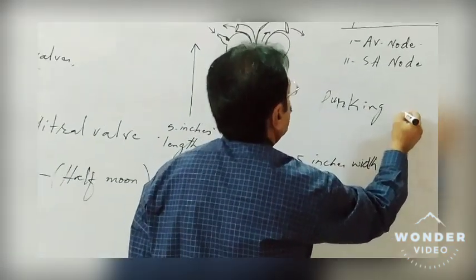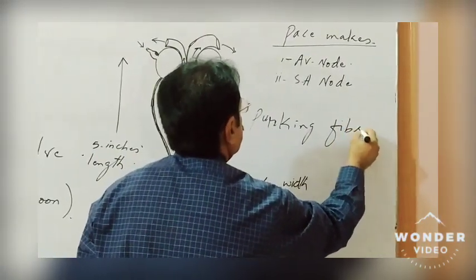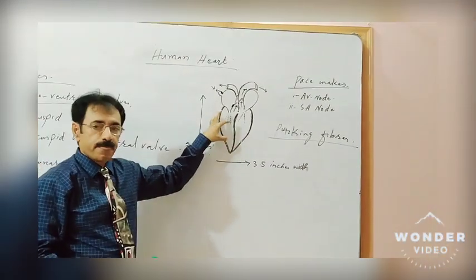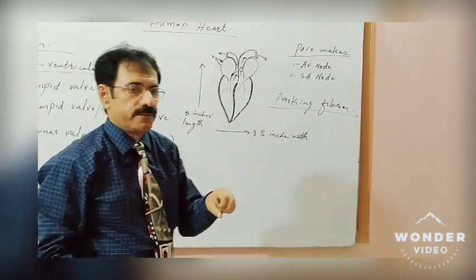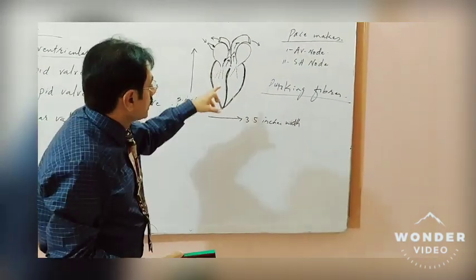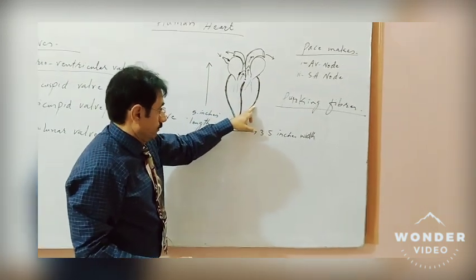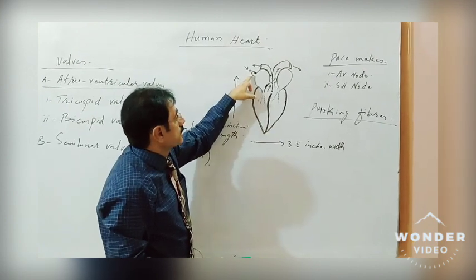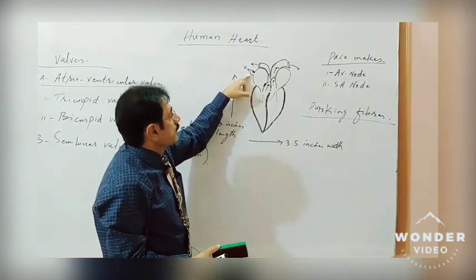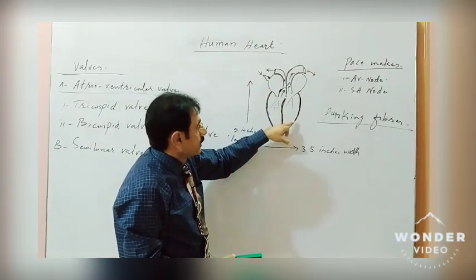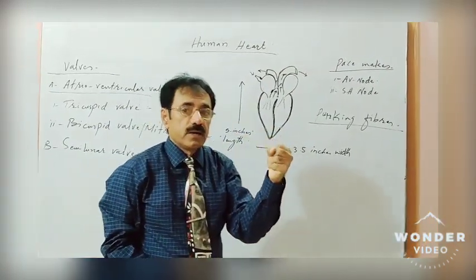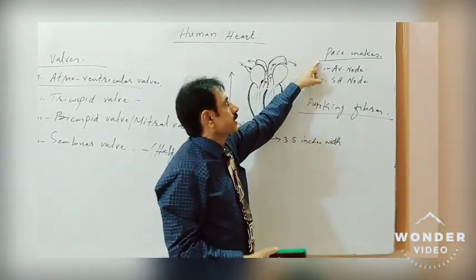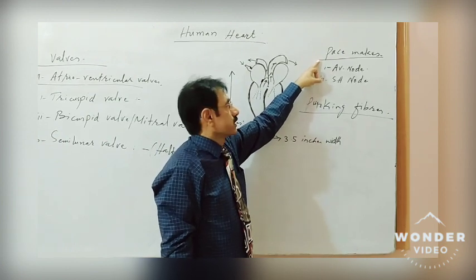What are Purkinje fibers? Purkinje fibers are a special kind of network of muscles within the ventricles, and the signals coming from the AV node and SA node cause the contraction of the heart. Thus the heart beating is controlled by the pacemakers.